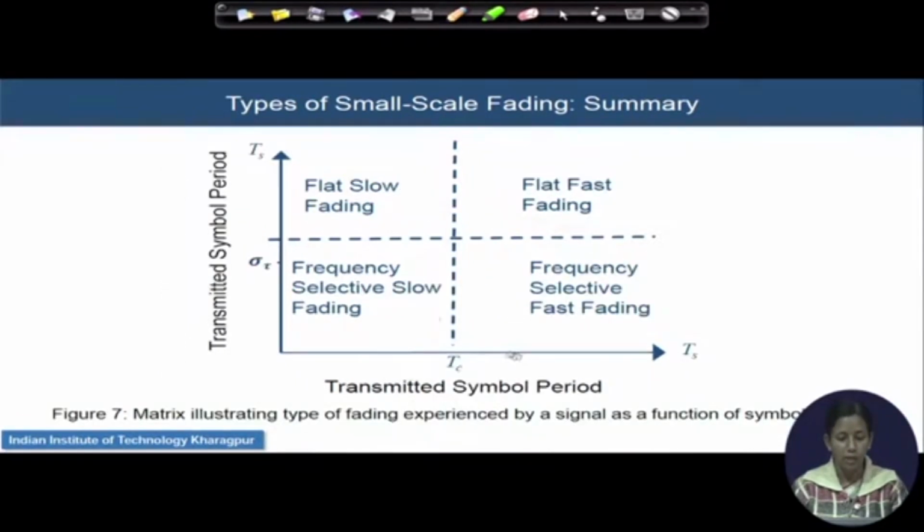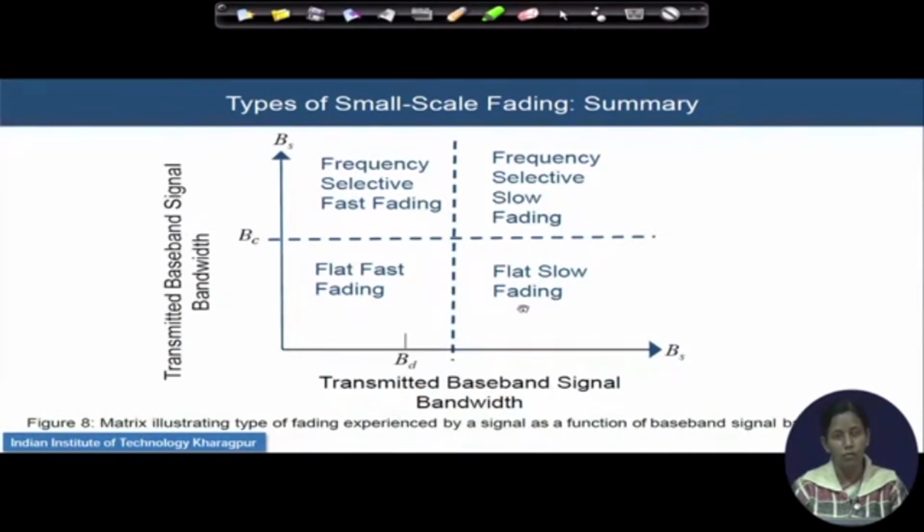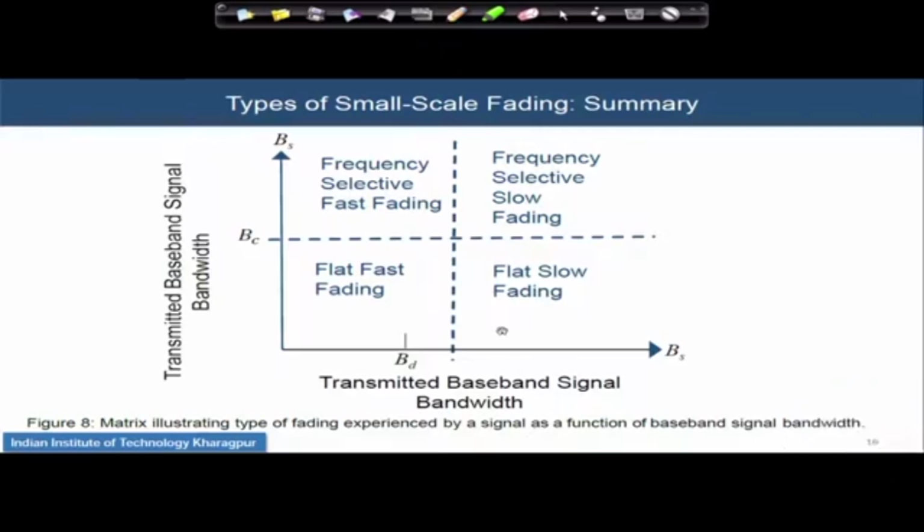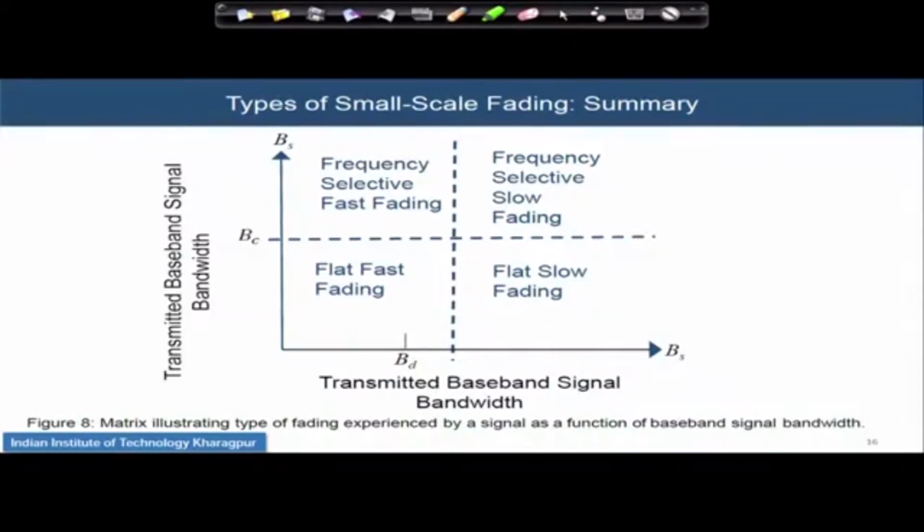So, this is a time domain division and this is the equivalent frequency domain description, but fundamentally you can have any 4 of these combinations when you are transmitting over a wireless channel. So, we have to be very, very careful when we are designing a transceiver, and we need to know the kind of channel we are dealing with, whether it is a flat fast or a flat slow, or a frequency selective fast or a frequency selective slow channel.